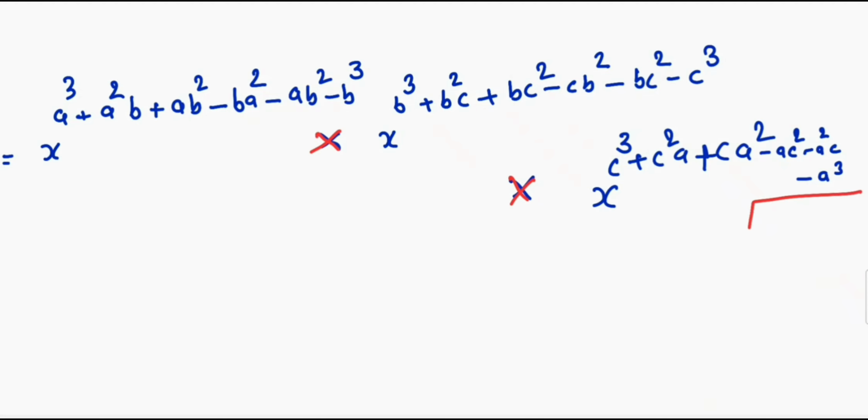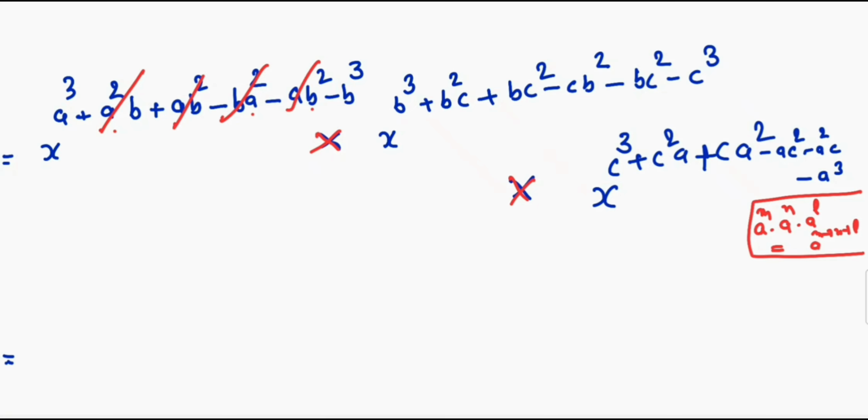So here also I am going to use this exponential rule, where a raised to power m into a raised to power n into a raised to power l is always equal to, we have to add all these powers, m plus n plus l. So here see what all things we can cancel out, a²b and this is negative a²b, so I can cut this, and here ab² and this is ab², this can cancel this.